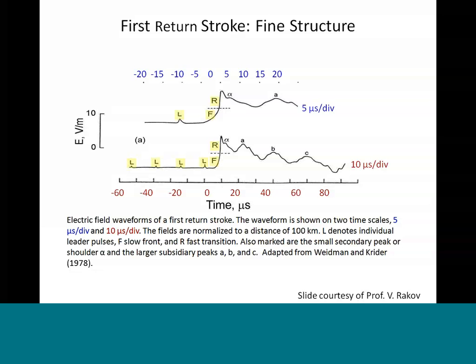This is typical for first return strokes, and the horizontal axis is 5 microseconds per division. This is the current, and this is the electric field, and we have some impulsive waveshapes on the main peak, called alpha, beta, and gamma components.